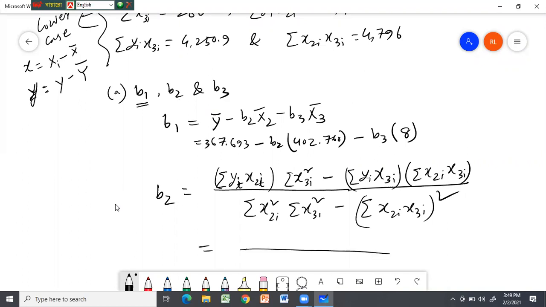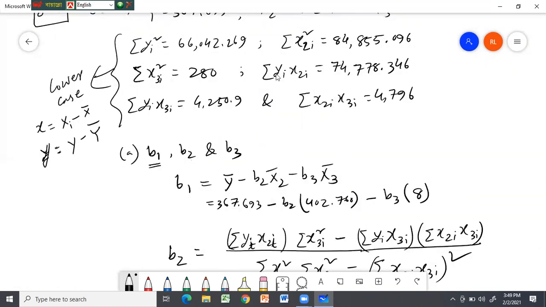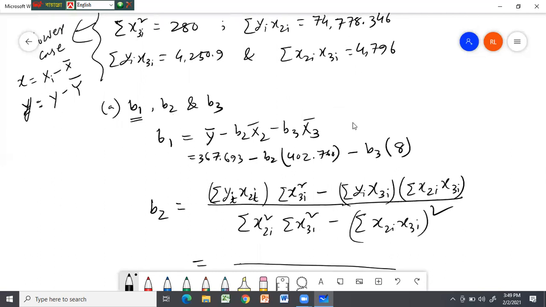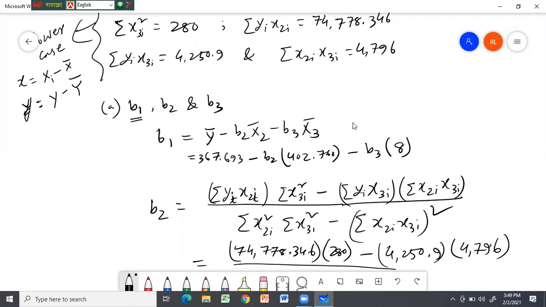Now just replace your values as per the formula. So sum of yi x2i is equal to 74,778.346, and this will be multiplied with sum of x3i square, which is 280 as per the information given, and then sum of yi into x3i is given 4,250.9, which will be multiplied with sum of x2i into x3i, that is given 4,796 as per the information.